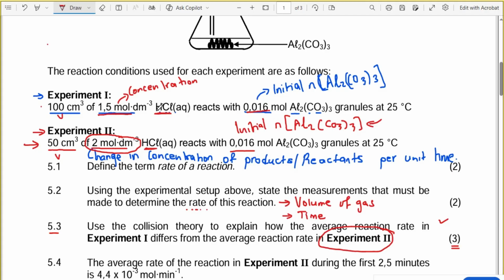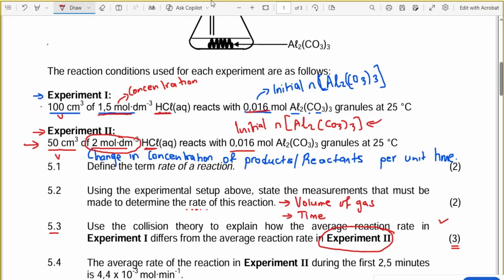Exactly, two different containers, with different volumes and different concentrations, but they all start with the same amount of aluminum carbonate. So we are investigating how concentration will affect the rate of these two reactions. Oh, and then the concentration was increased here, therefore.